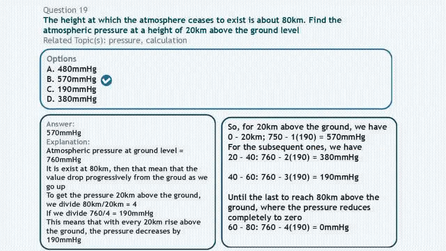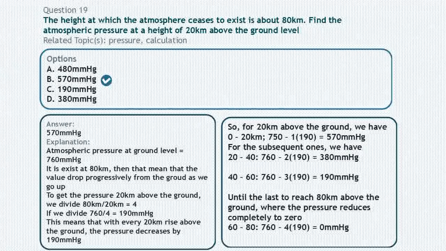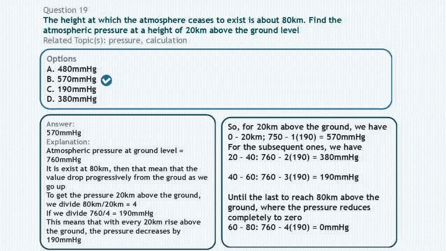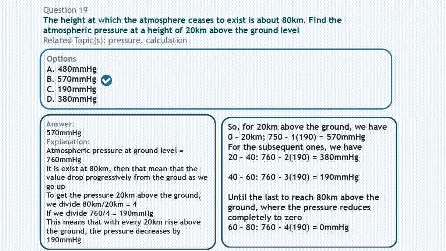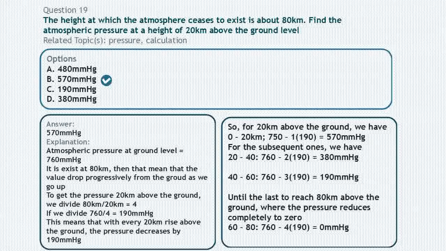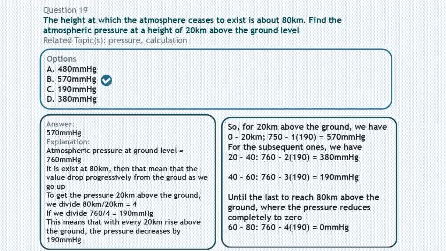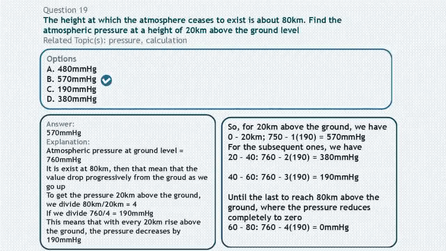Since the pressure at the ground level is 760, and it reduces as you go up, if you divide 80 by 4, we have 20, so we have 20, 20, 20, 20. If you divide 760 by 4, you're going to have 190. That means the drop in the pressure as you move up is 190.